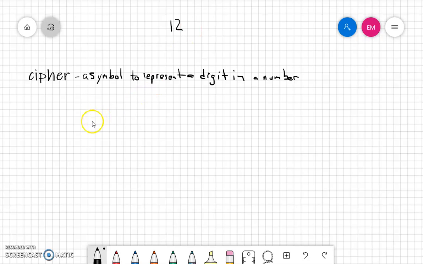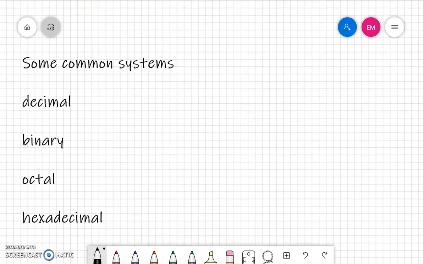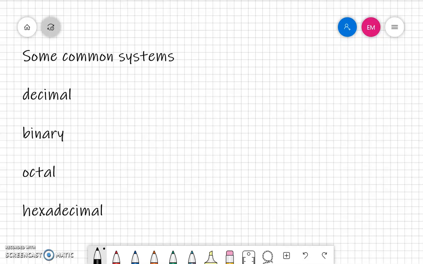Let's continue here. Let's look at some different numbering systems that we might use. Some common numbering systems: the numbering system that we're familiar with is known as the decimal system. This is the one we use every day when we count. In electronics, in anything that's computer-based, computers run on something called the binary system.